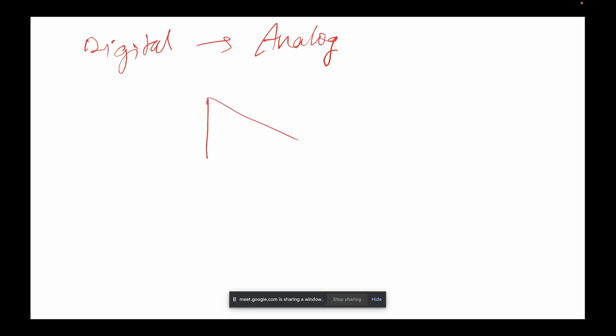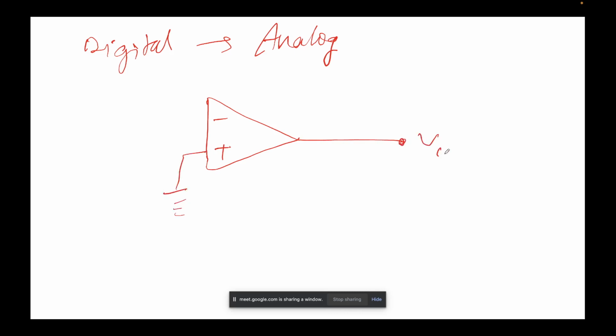Priyanka asked how to convert a digital signal to an analog signal. Now there's something called an R-2R ladder. I'll not go into the details of it, but as far as I remember, it is an op amp, and it's a negative feedback op amp.